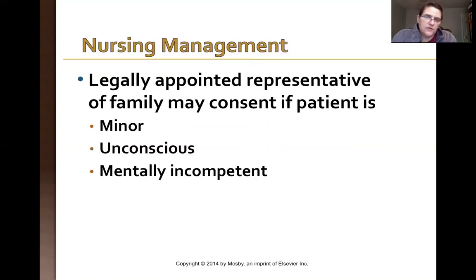In situations where there are minors, the patient is unconscious or mentally incompetent: for a minor, we have to have adult, parental, or custodial guardian consent, unless it's a medical emergency. Unconscious patients, we have to have either the spouse, the parents, the siblings, whoever is the closest relative for consent. Mentally incompetent, we have to have a legal guardian.